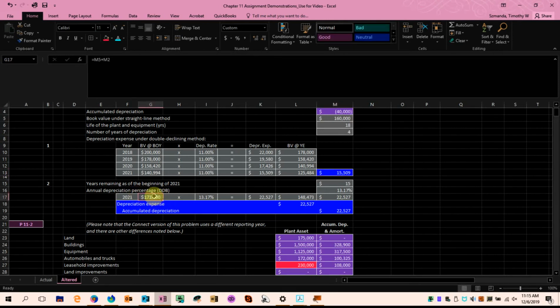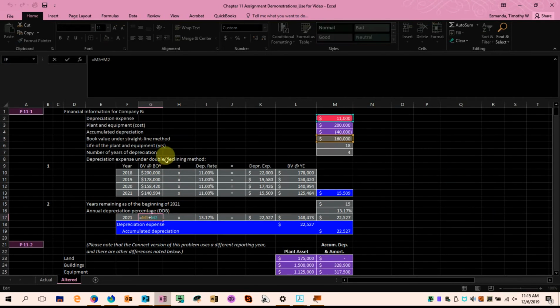So in this case, in 2021, I'm going to add together the book value under the straight line method to the depreciation expense, which in my case is $11,000. So I'm going to add those two together, and then essentially I'm taking the 171,000 times 13.17%.